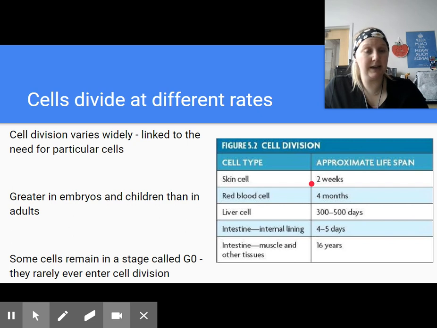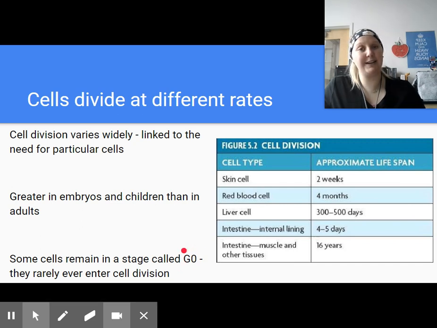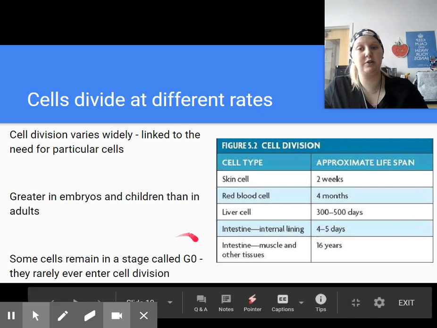That would be really bad. But if you get a cut, that timeline is going to be sped up so we heal faster. But for 16 years, these cells remain in G0 before they are ready to go into G1 and then go through the cell cycle and then re-enter G0 because they're not needed in the cell cycle at that point in time.